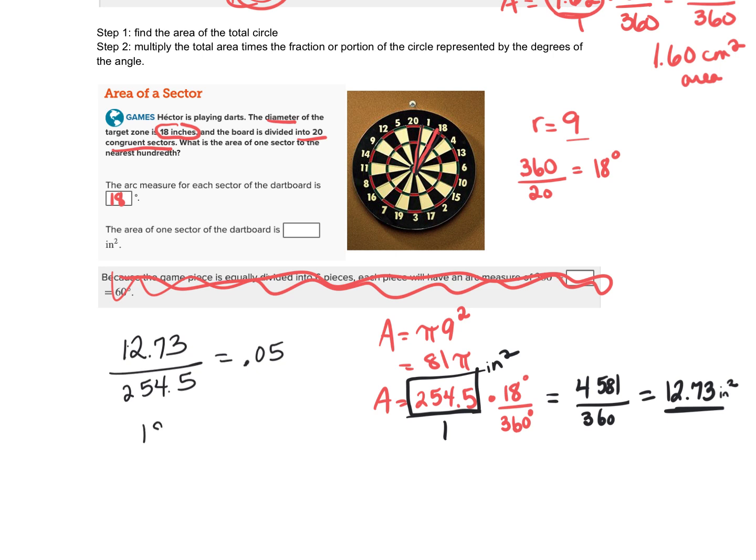Now, 18 degrees out of the 360, 18 divided by 360, equals 0.05. So this is an accurate representation because the fractions are actually equal.